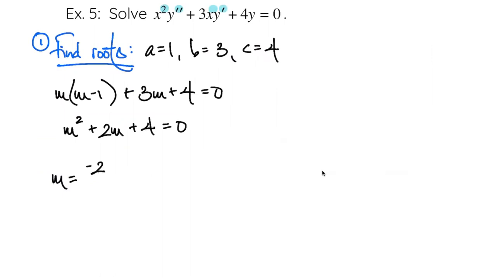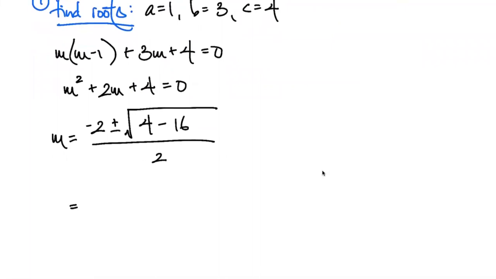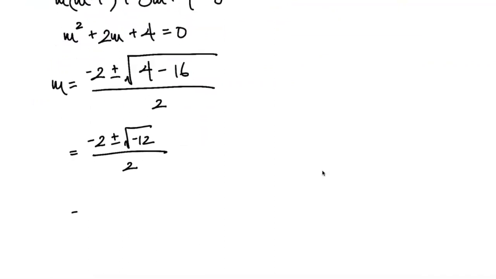Negative b plus or minus the square root of b squared minus 4 times a times c, over 2a, will give me negative 2 plus or minus the square root of negative 12, over 2, which gives me negative 2 plus or minus 2 root 3 i.